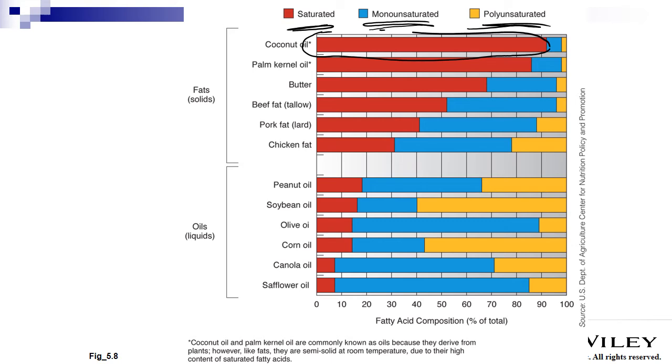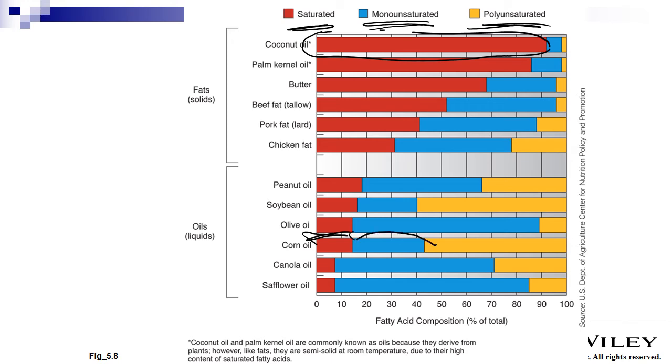Then we have our butter, beef fat or tallow, pork fat, which is called your lard, and then chicken fat. Down the bottom, we have some of those different, what we consider to be oils, which are generally liquids at room temperature. Peanut oil, soybean, olive oil. Now we hear about olive oil all the time and how it's a very healthy oil to cook with. So if we look at olive oil, it has a small amount of saturated.